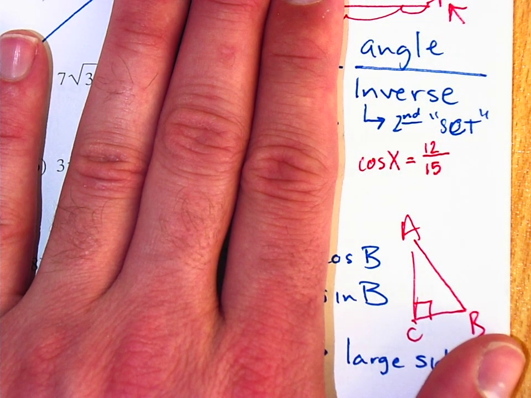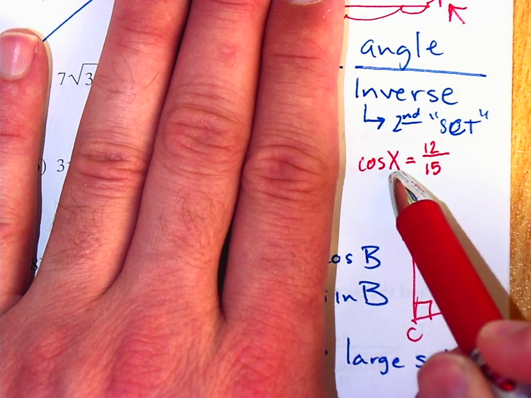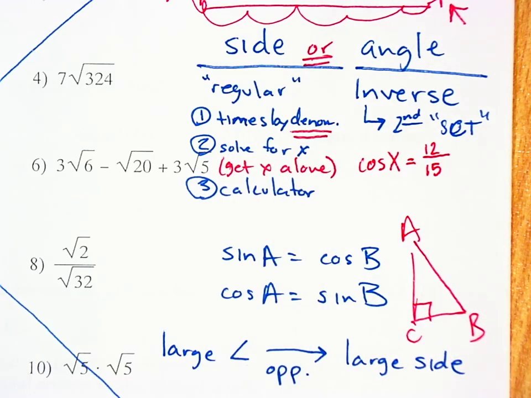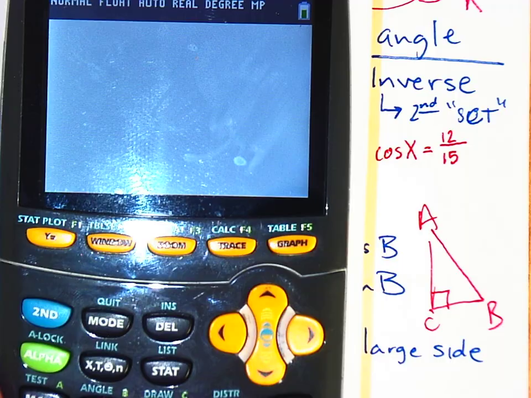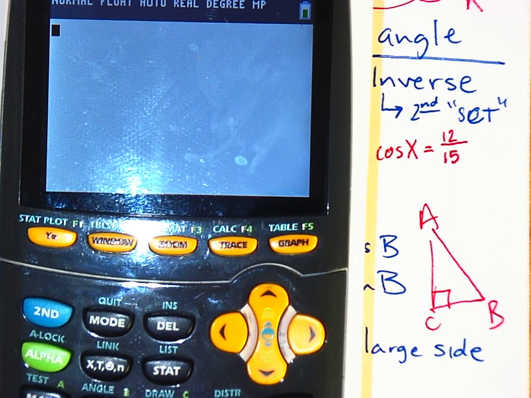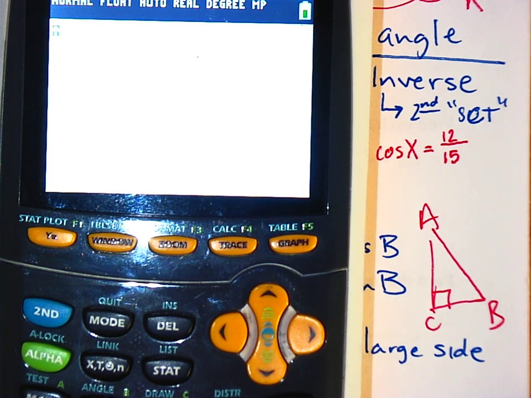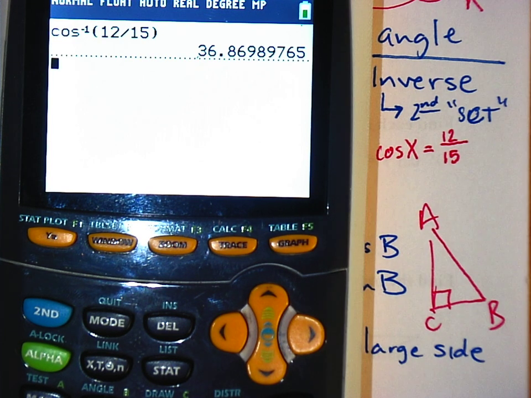We know that we're solving for an angle whenever that angle is our variable. Once we get there, we know that we're just going to do the inverse. And that inverse function on our calculator, remember, is second, and then whatever the function is. So this one happens to be cosine, so second cosine of 12 divided by 15. And that's going to give us our x, or our degree measurement.